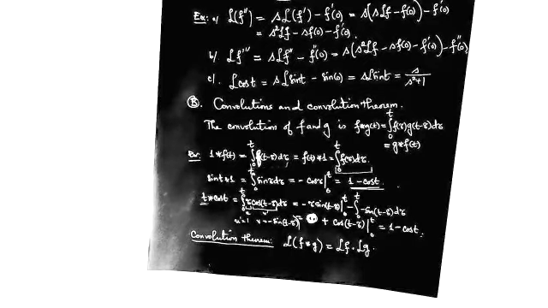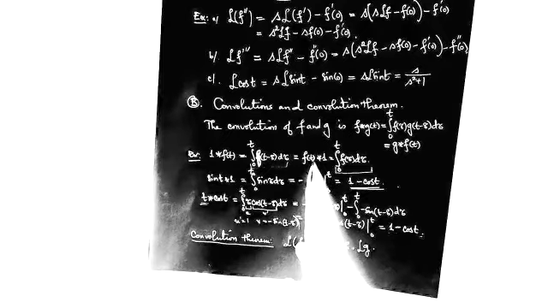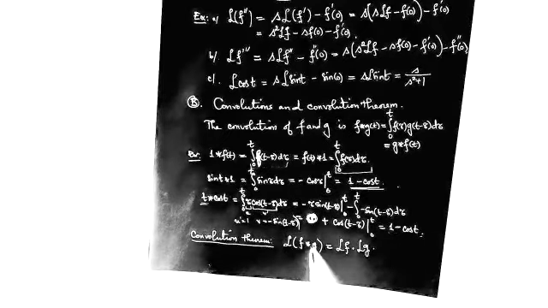And that's the only place in this course where the Laplace transform turns into the product of the Laplace transforms, because here you have convolution, which is defined here. It's not a product here.